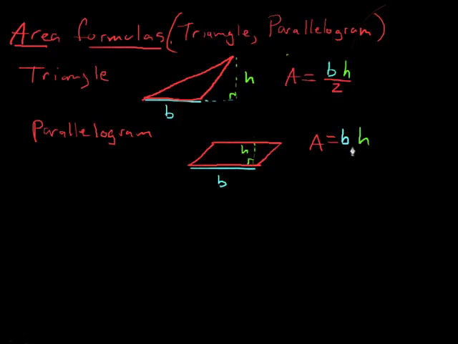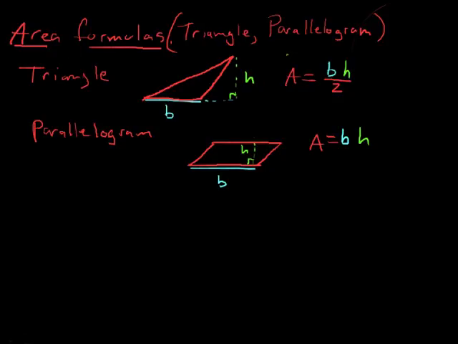Okay, so those are the two big formulas. So what happens when we move to the kite? Sometimes we forget these formulas, but the triangle especially is the one that's going to help us.